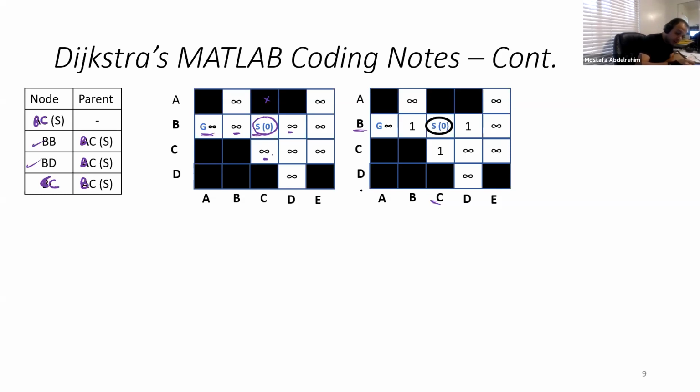After this step, we have all the entries with infinity except 4 cells: the cells that the starting node has discovered, which have a cost of 1, and the starting node itself, which has a cost of 0. So if I search that array for the cell with the minimum cost, it will be again the starting node, because the starting node has 0 and the nodes around it have 1, then infinity.